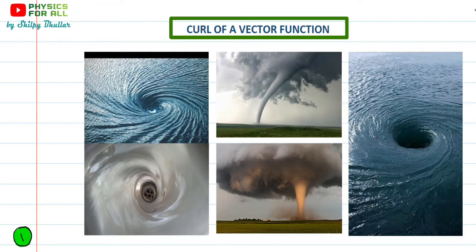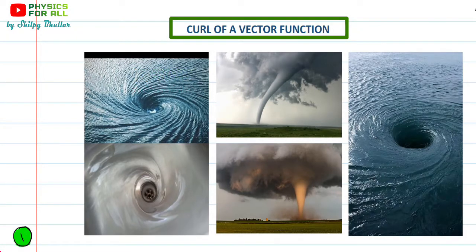A little bit of introduction regarding curl of a vector function we have already done. We know that curl means rotation. If a vector field is rotating, then we say that it's curling, and curl of that vector field is non-zero. As you can see in these pics of whirlpools, please don't get scared, there is a reason to show them because they all are showing curl.